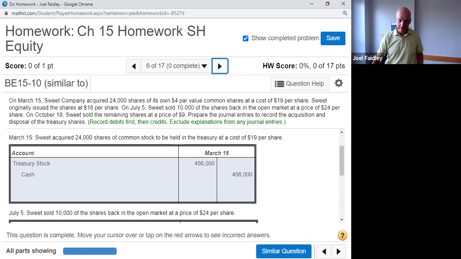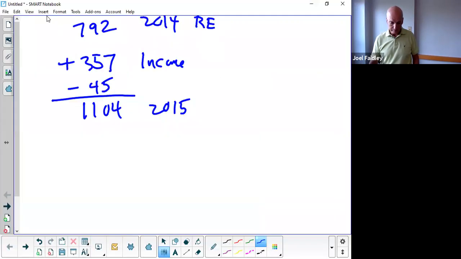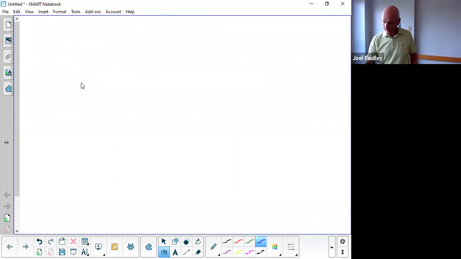There's the initial transaction, debit treasury stock for $456. Now that's a debit. There's the cash I paid. So let's go over here to the notepad. Clear page. All right, so we sold. Let's first make the journal entry up here, or the T account.